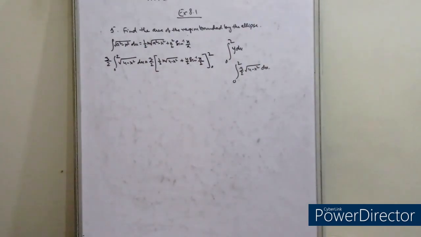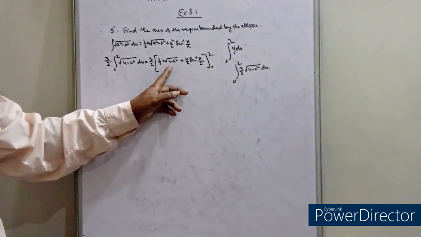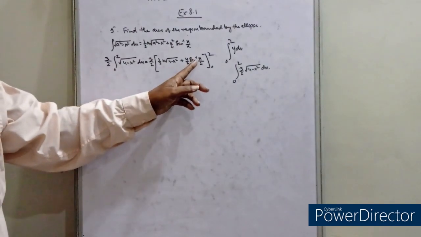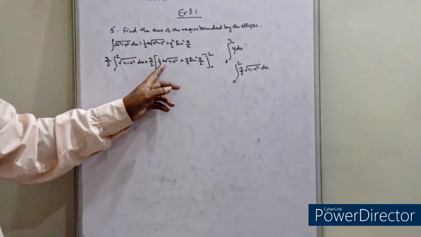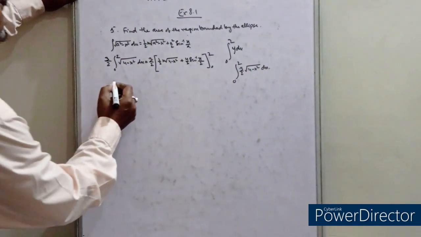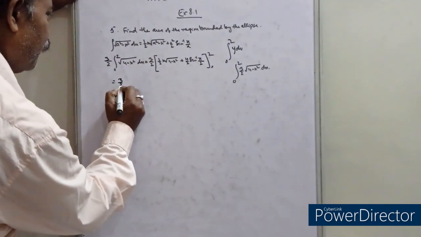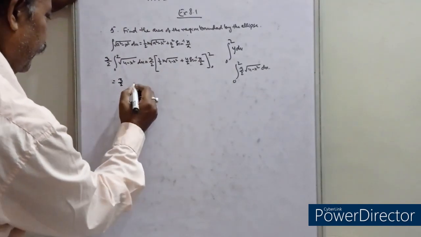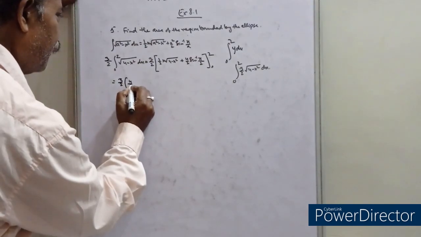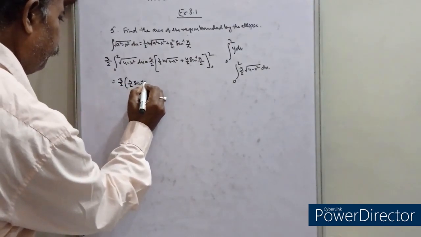So see here, if I place this upper limit, that is 2 here, this will be 0 and this comes to be 1, and if I place 0, both will be 0. So the result will be 3 by 2 times 4 by 2 sine inverse 1.